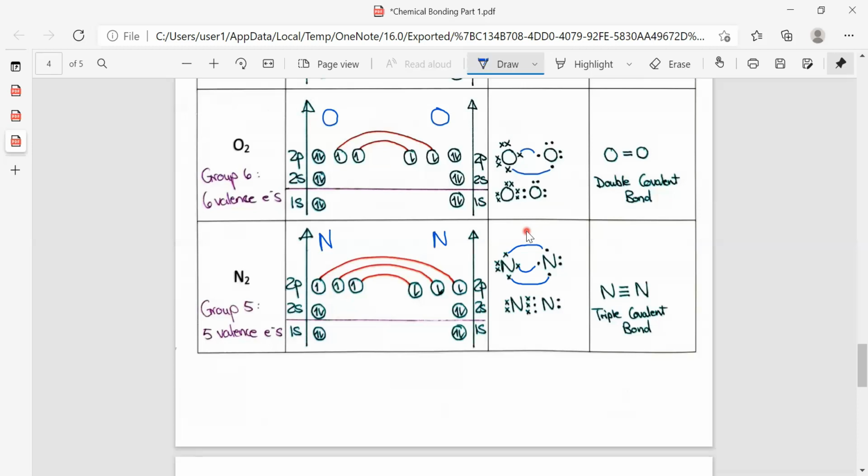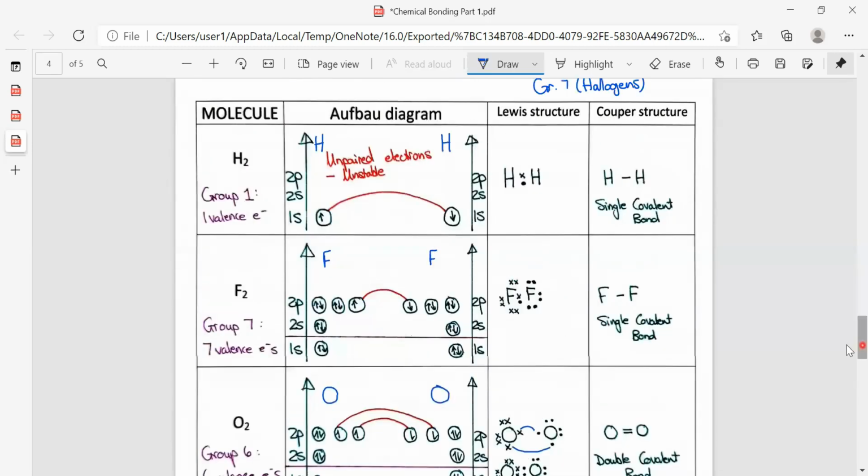Again, if your teacher wants the lone pairs in, you add them in. So this is a triple covalent bond. Oxygen diatomic molecules have a double covalent bond. Fluorine and hydrogen have single covalent bonds, and chlorine, bromine, and iodine will also have single covalent bonds.